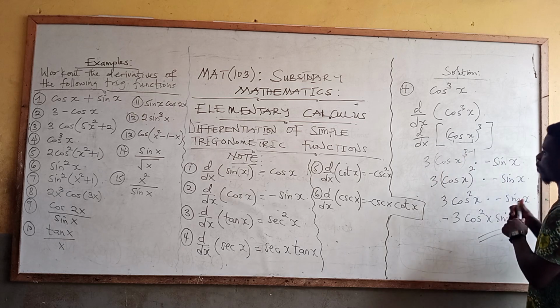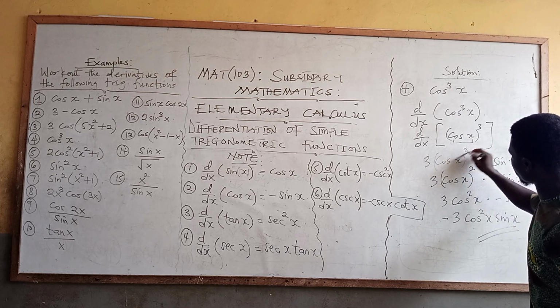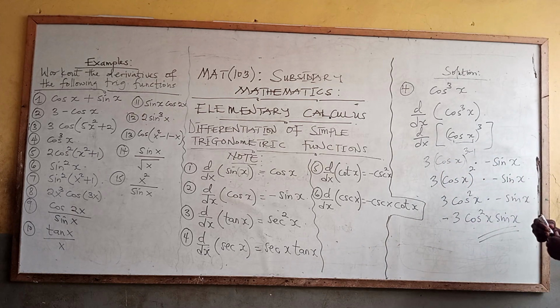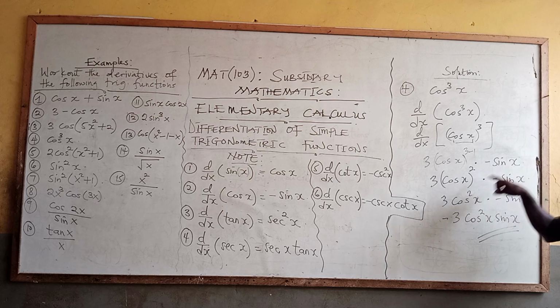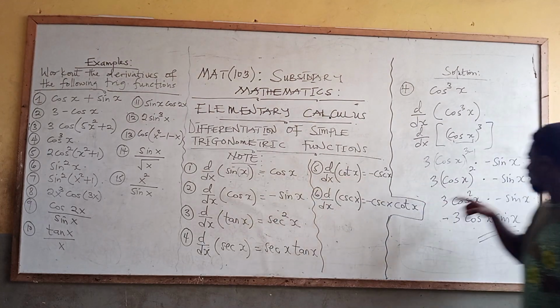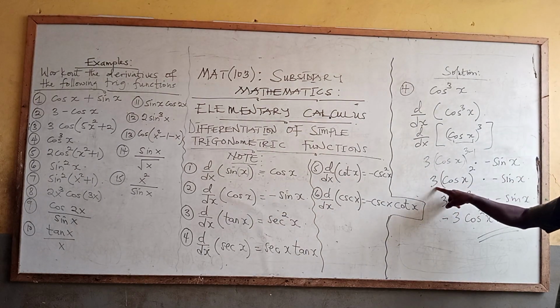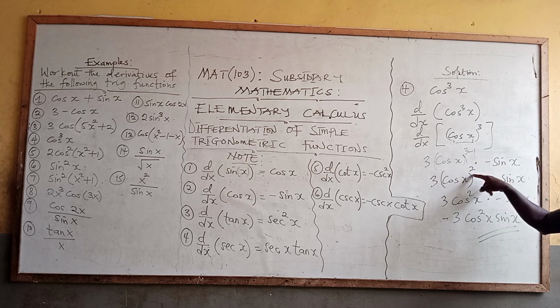So I have 3 minus 1, then times, we differentiate the trig ratio here, cos x. We get negative sine x, right? So I have 3 cos x all exponent 3 minus 1, we get 2 times negative sine x.